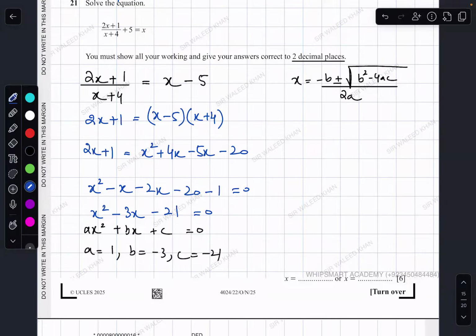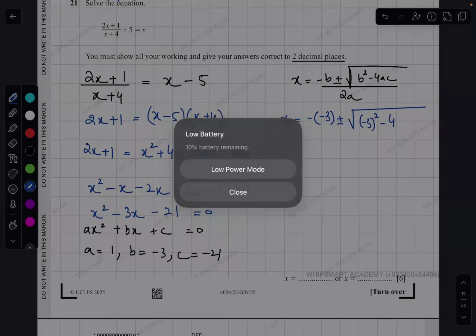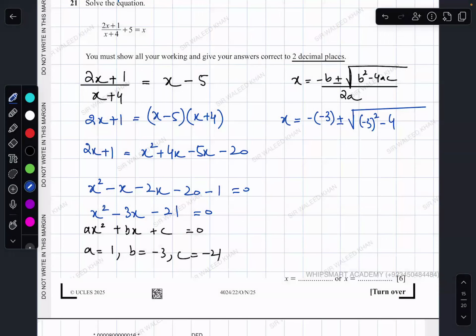I'm going to replace all these values into the formula. So we have x is equal to minus minus 3 plus minus the square root of minus 3 squared minus 4 times a, which is 1, times c, which is minus 21, over 2 times a. So this becomes positive, right?